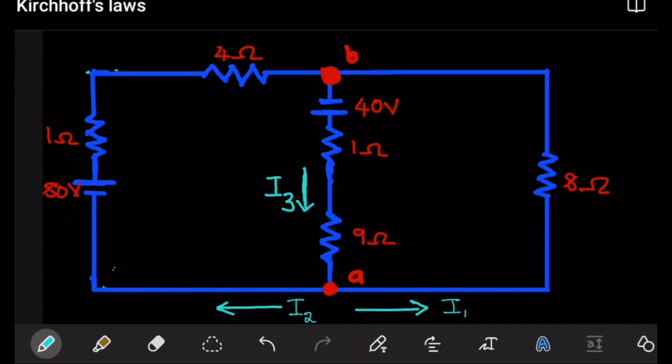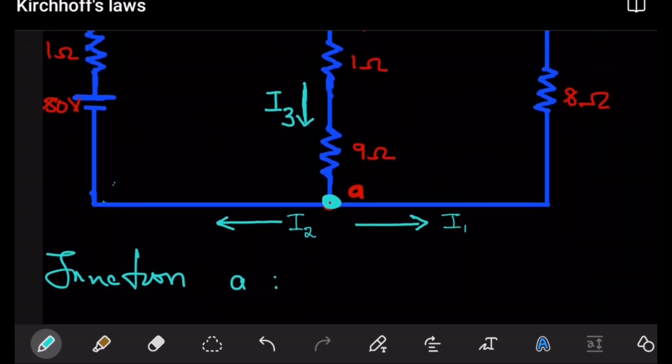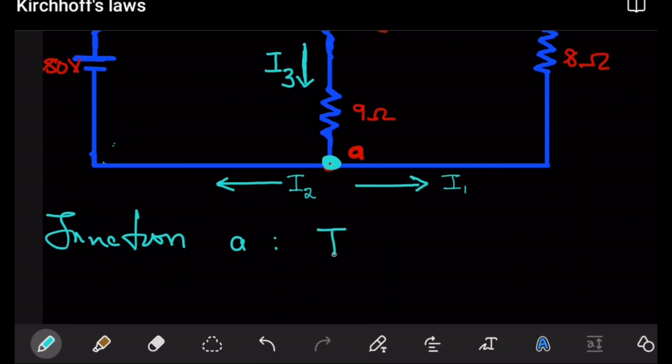Let's start with the first law. From the first law, we see that we have two key junctions here. We have this junction here, B, and this junction here, labeled A. At A, entering the junction, we have I3. The junction law states that the current entering a junction has to be equal to the current leaving the junction.